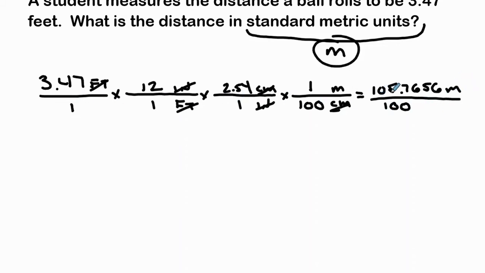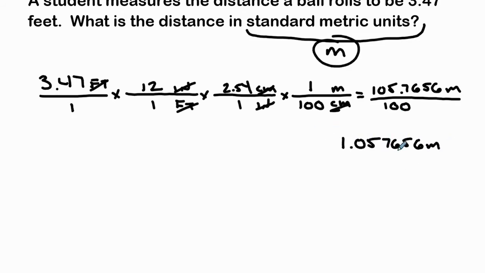Now it's just taking 105.7656 and dividing it by 100, which gives me an answer of, I'll read you exactly what's on my calculator, 1.05766 meters.